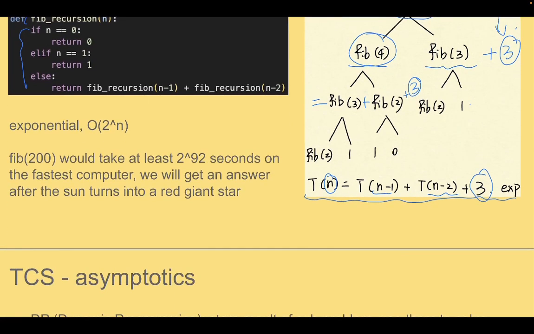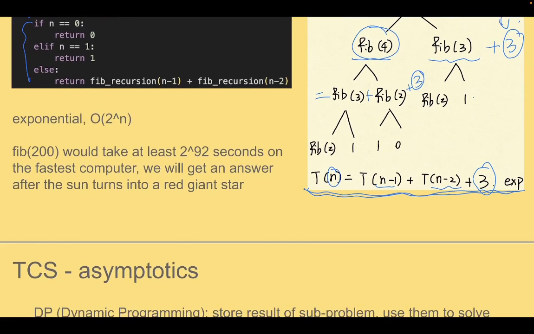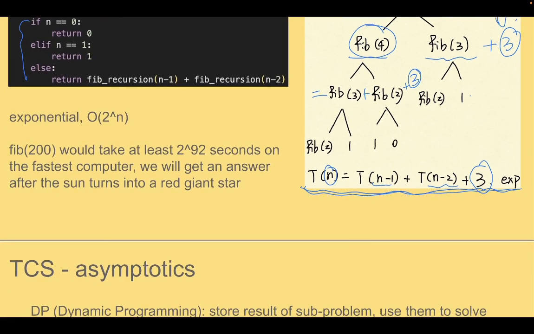And you can see that the expression here is basically the Fibonacci sequence itself, right? So the runtime of calculating the Fibonacci sequence using a recursion algorithm has almost the same growth as the Fibonacci sequence, right?